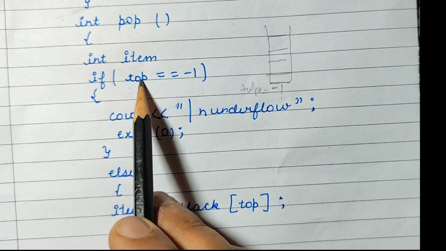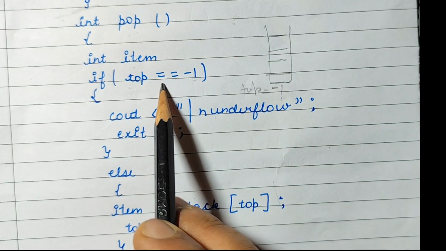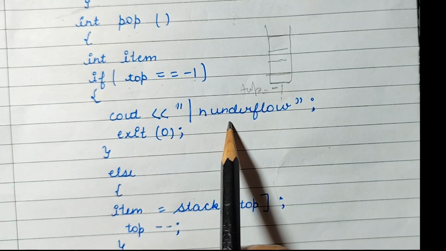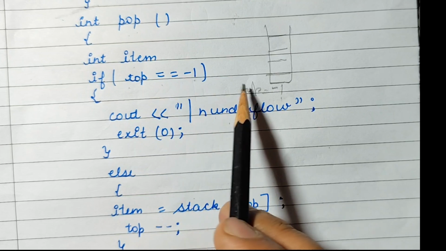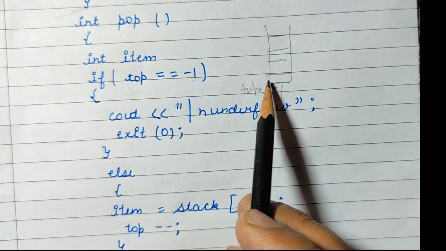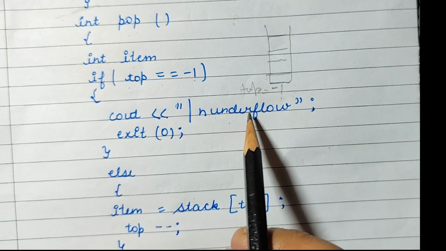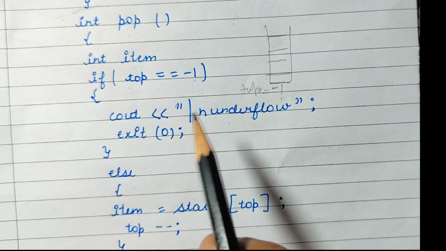So here I give the condition: if top double equal to -1. If this condition is true, it means underflow has occurred, because if in this situation I delete an element from the stack, there is no element in the stack, so we are not able to perform the pop operation.